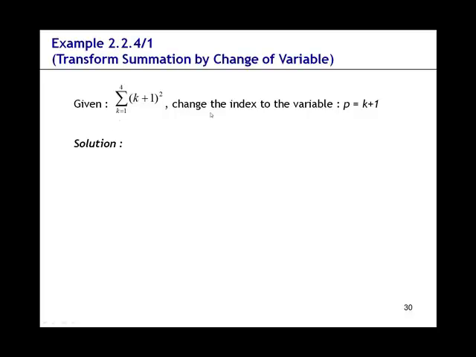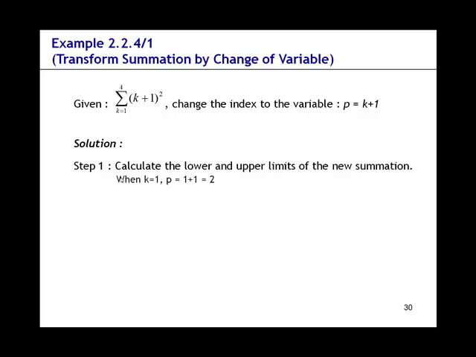And we will tell you to change the index to variable p equals k plus 1. This is a crucial piece of information which we will need in order to make the transformation. In order to transform this, we need to change three things. We need to change the lower limit, the upper limit, and the formula. So step one, we need to calculate the lower and upper limit of the new summation.